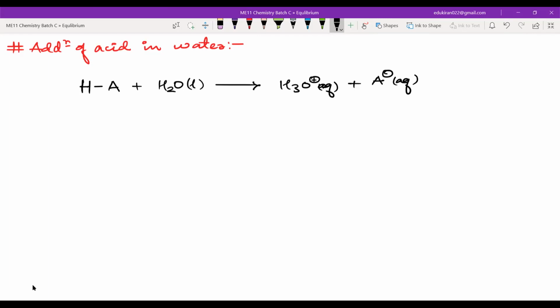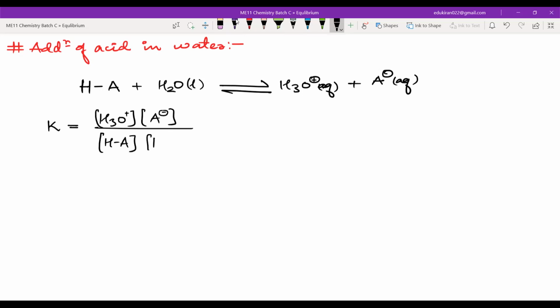And according to the law of chemical equilibrium, we can write that the equilibrium constant for this reaction will be equal to, I have to put the reversible arrow first of all. This will be equal to H3O plus products concentration divided by the concentration of reactants. And since we know that the concentration of H2O, that is liquid, is a pure liquid, it will be constant, that is 55.55 molar.